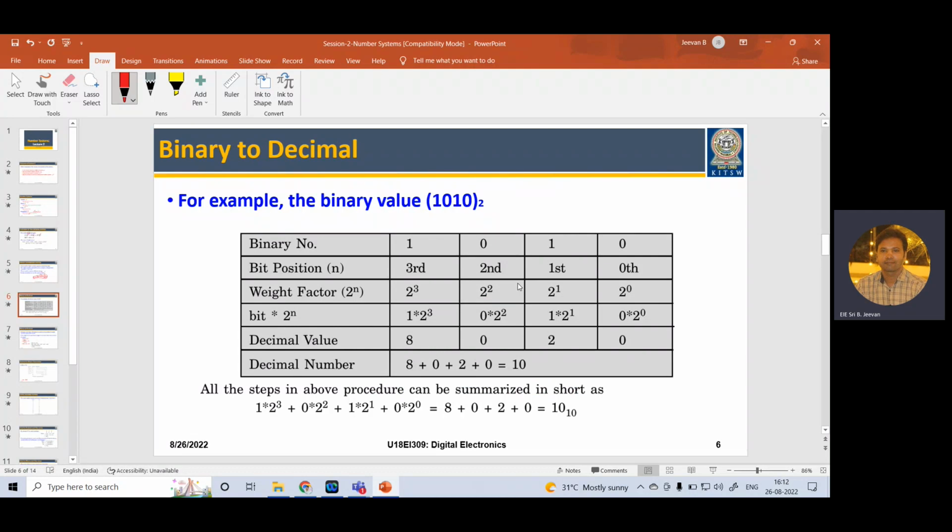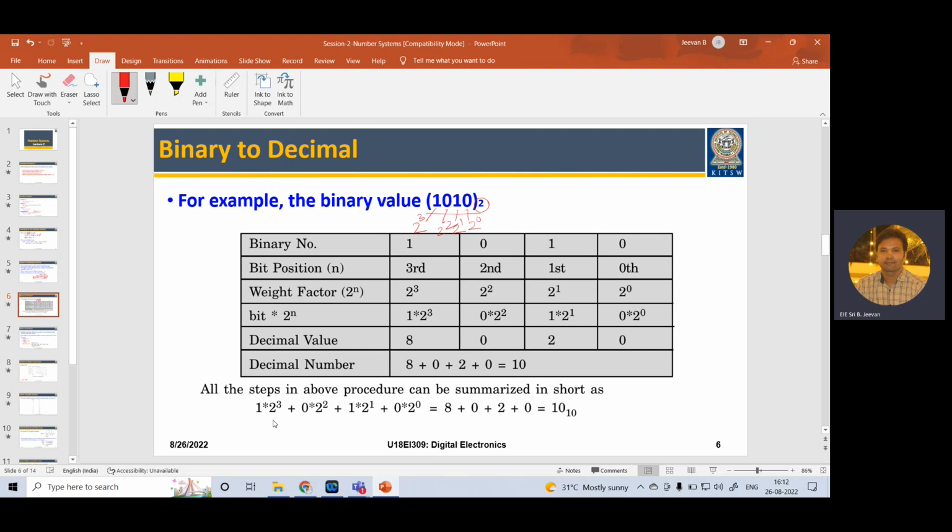Binary to decimal is very simple. Suppose you take 1010 as a binary number. What is its decimal equivalent? As the base is 2, the weights would be in powers of 2: 2 power 0, 2 power 1, 2 power 2, and 2 power 3.